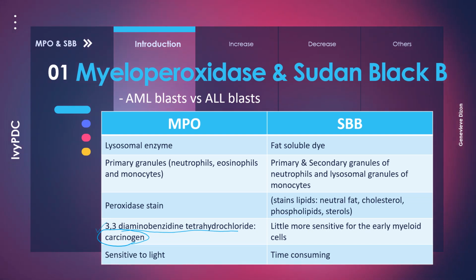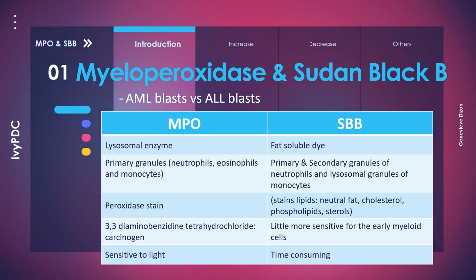The peroxidase enzyme is also sensitive to light. That's why smears should be stained immediately, and if the smears are more than 2 weeks old, or if they have been exposed to light, these will give a false negative result and should not be reported.